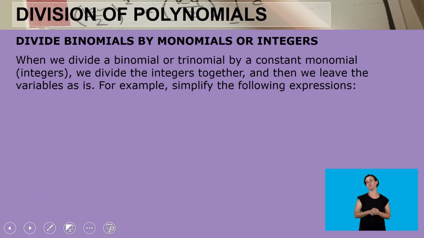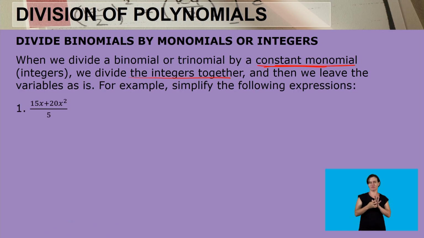So when we divide a binomial or a trinomial by a constant monomial, then we are going to divide the integers together and the variables are going to stay as is. So now we are dividing binomials or trinomials. Let's start with the binomials. As an example here, we have 15x plus 20x squared divided by 5.